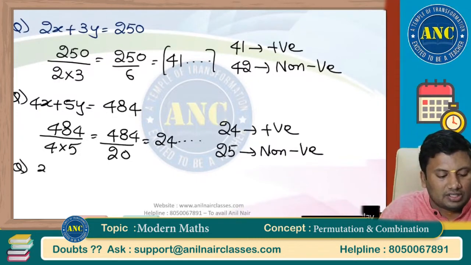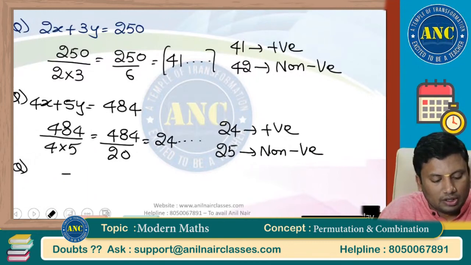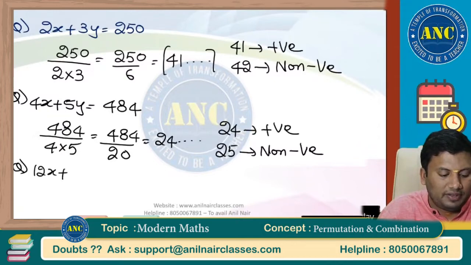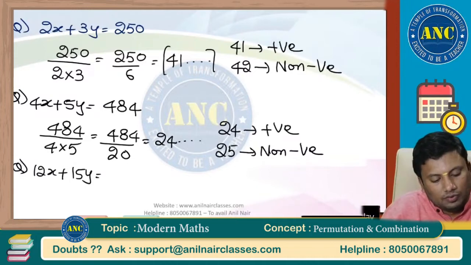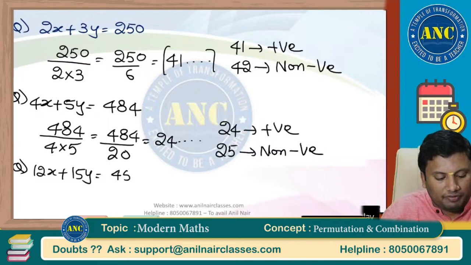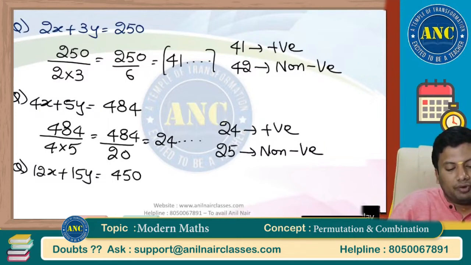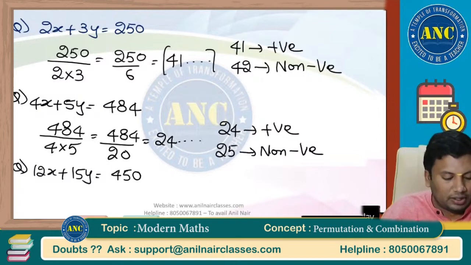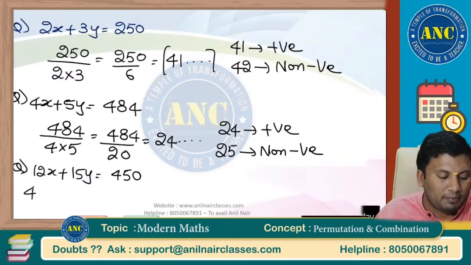Suppose the question is 12x plus 15y equals, for example, if I take 3 into 150, let me take 450. 12x plus 15y equals 450. They are not co-prime. Make them co-prime.